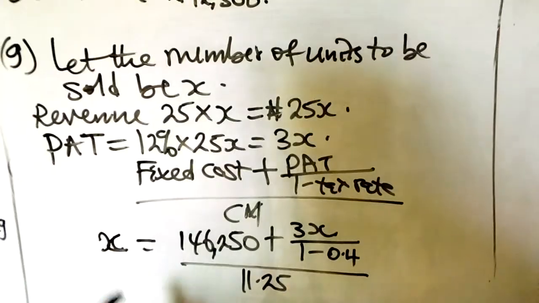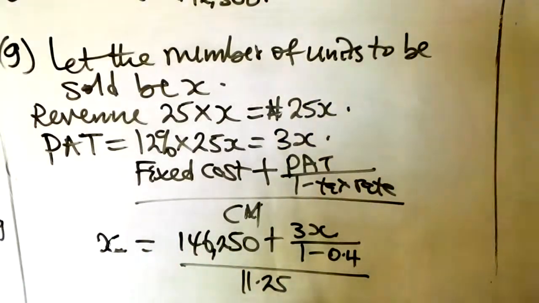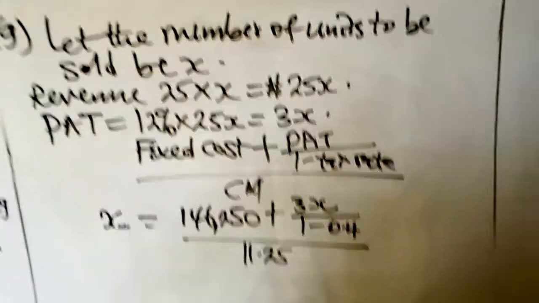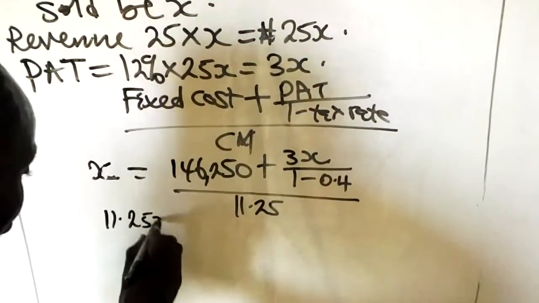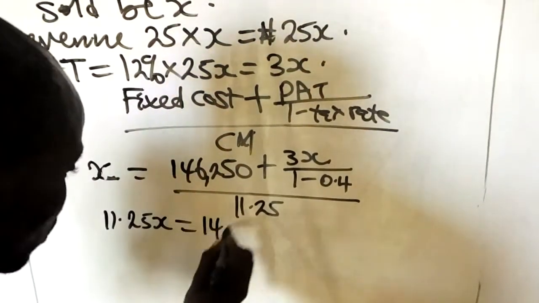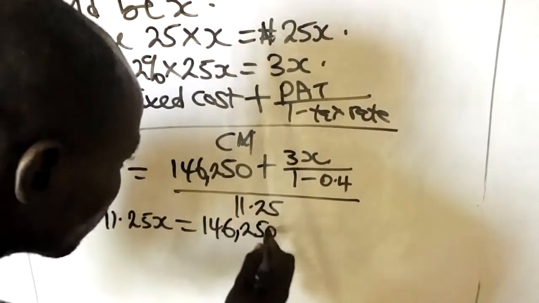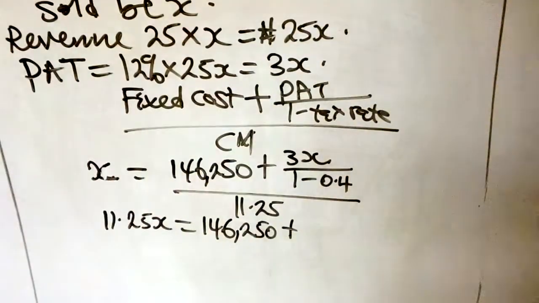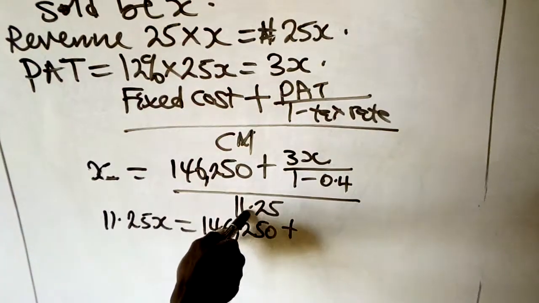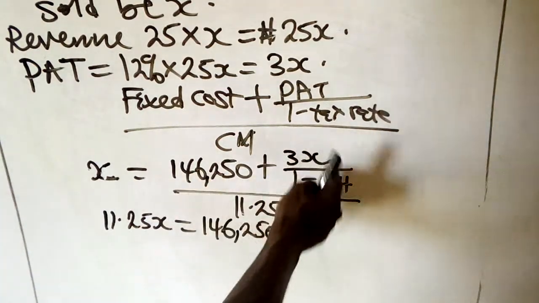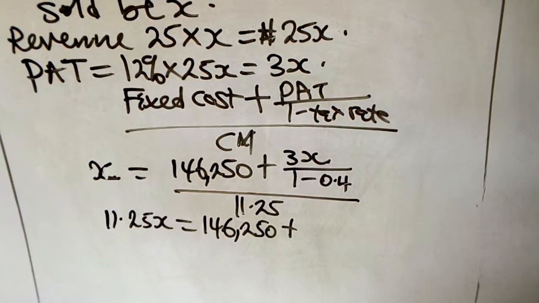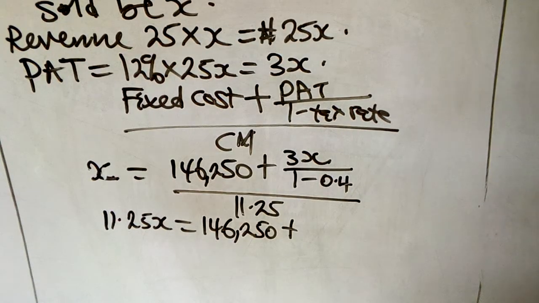If you cross multiply x times 11.25, then you have 11.25x equal to 146,250 plus, I have multiplied this by this, equals to this, this plus this. So 3x divided by 0.6 will give us 5x.